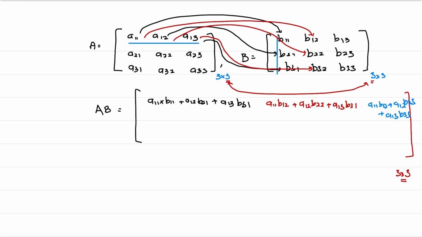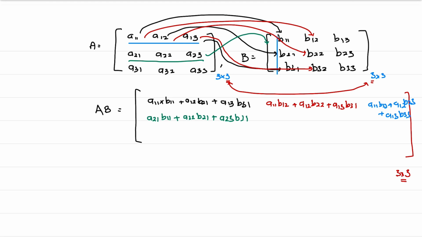And in the second row, we will start with A21: second row with first column. That is A21 B11 plus A22 B21 plus A23 B31.